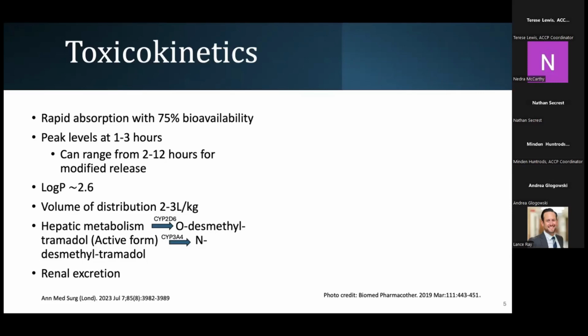It has a volume of distribution of about 2 to 3 liters per kg, and it is metabolized in the liver to its active form by the CYP2D6 enzyme to O-desmethyl tramadol, and also by the CYP3A4 enzyme to N-desmethyl tramadol. It is excreted by the kidneys.